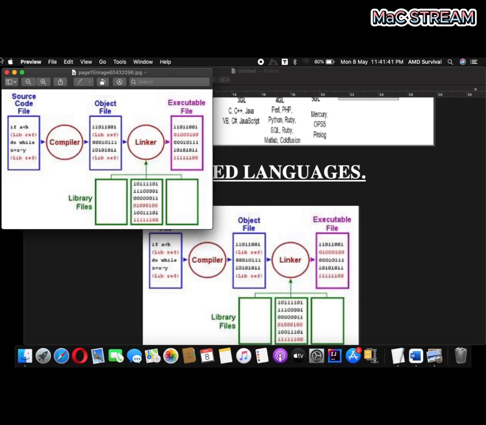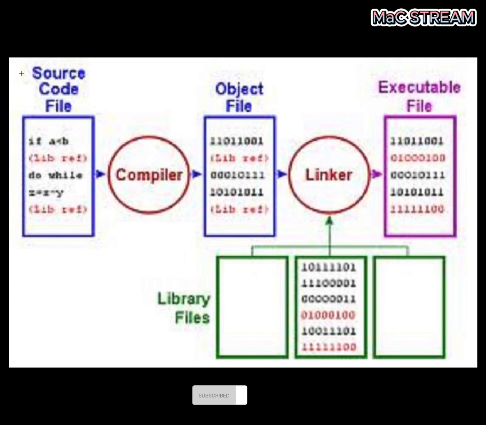Again, compiled languages. If you pick the compiled, you have the source code, which is on the intermediary side. If you look inside the blue box, 'if A is less than B' is a library reference, and 'do while X' points to this and that.